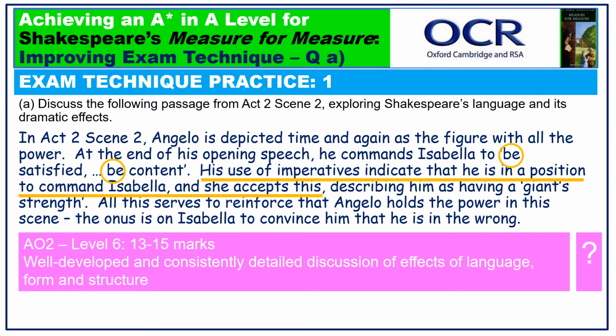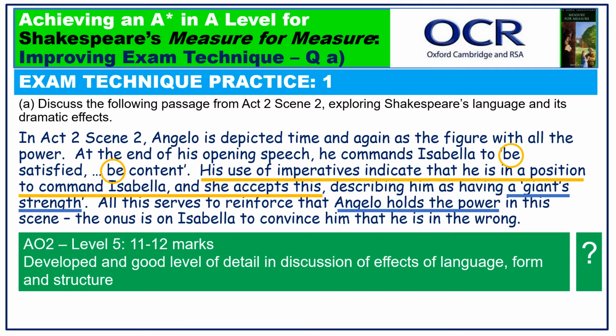However, this point takes up only half a sentence, and cannot be said to be particularly well developed or consistently detailed. Indeed, the pupil quickly moves on to embed a different quotation, "a giant strength," before grouping the two generally to effectively repeat or slightly develop the same points about Angelo's power.